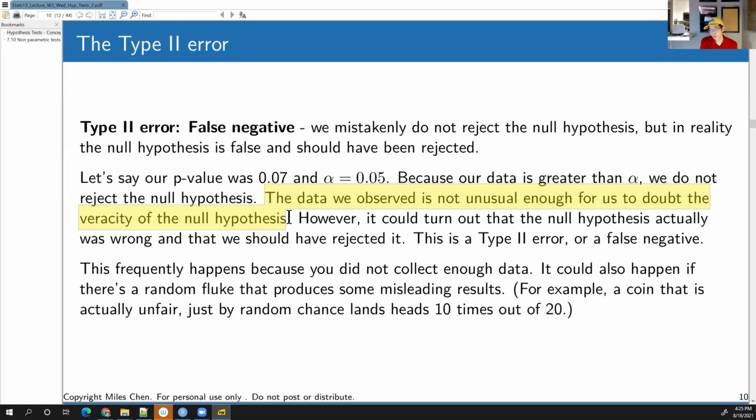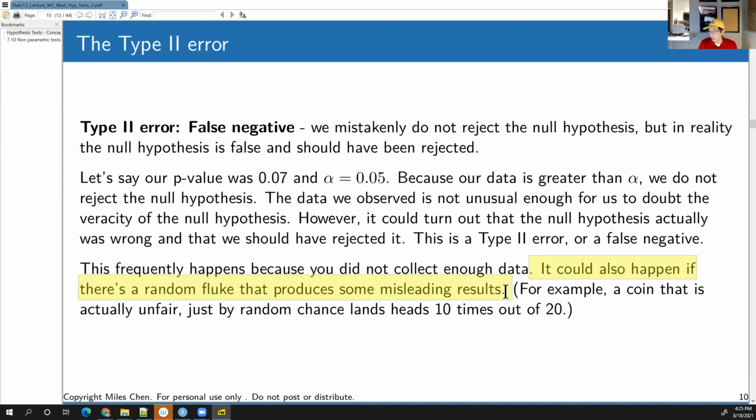Okay, but it's possible that the null hypothesis actually is wrong and that we should have rejected it. And if that's the case, then we have committed a type 2 error or a false negative, okay? Oftentimes your type 2 error is the result of not collecting enough data, right? It could also happen if there's some random fluke that produces misleading results, okay?